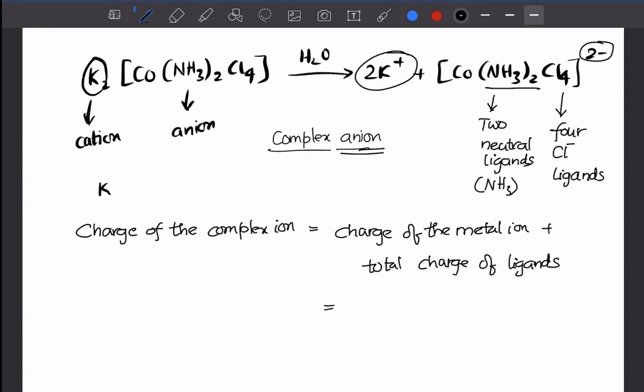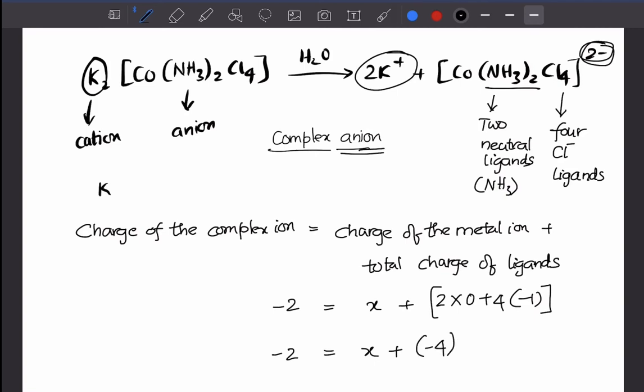We do not know the charge of the metal ion, so let's call it X, plus 2 times 0 for the two neutral ligands, plus 4 times minus 1 for the four chlorides. The charge of the complex ion is already noted, which is negative 2. Now find X: minus 2 equals X plus minus 4. If minus 4 goes to this side, you have plus 4, so X becomes plus 2.